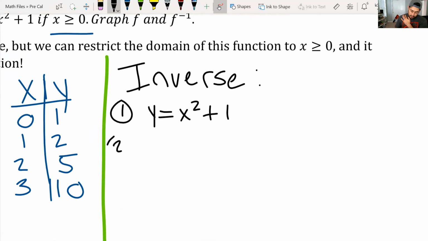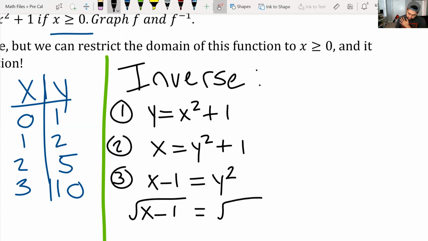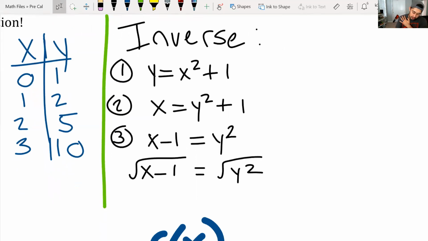And then 2, interchange, x equals y squared plus 1. 3, solve for y. Move the 1 over. X minus 1 equals y squared. Square root both sides. And we end up with plus or minus the square root of x minus 1 equal to y.